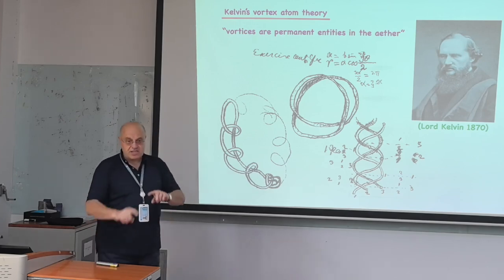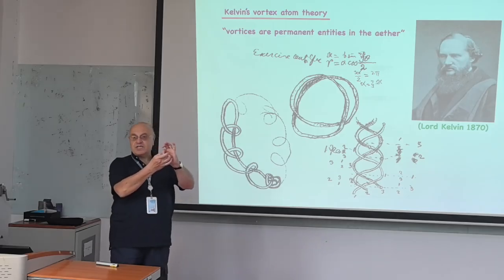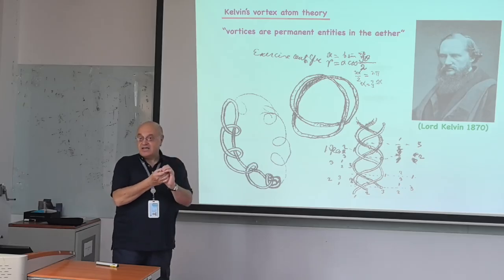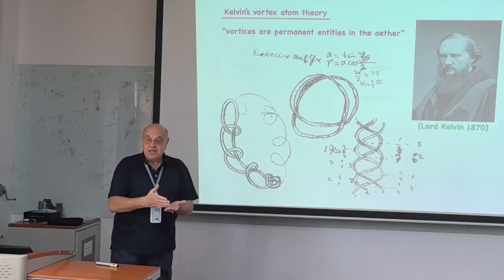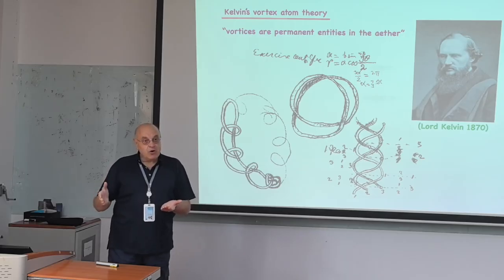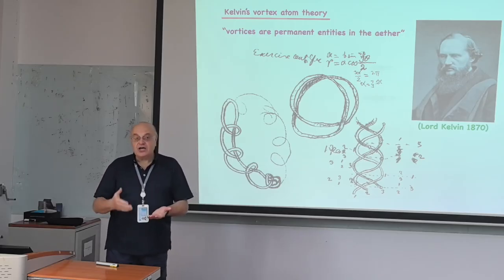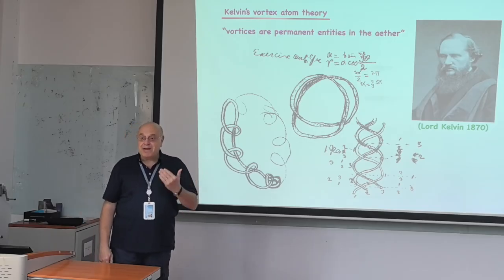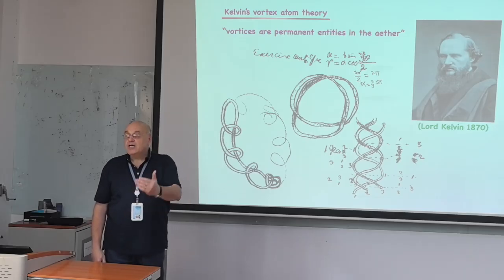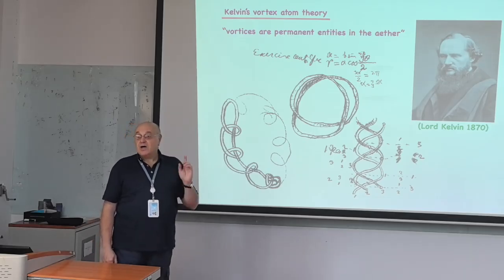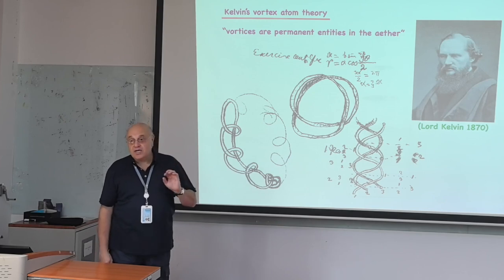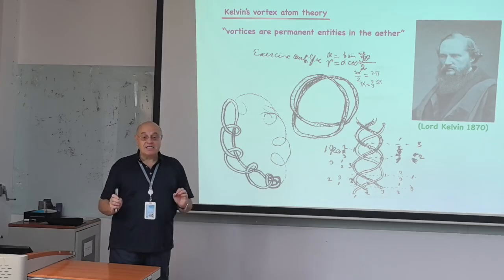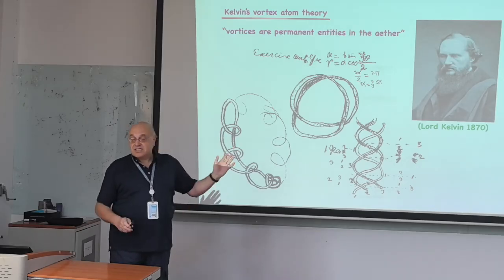Now you think of a vortex ring, you think of another vortex ring linking with the first, and then you get the two rings together, and the topology of different states quantizes the energy of different states. So in Kelvin's idea, the use of topology meant to be a way to quantize energy. And quantization of energy was already known at the time of Kelvin from spectral analysis of chemical elements. So this is the idea.